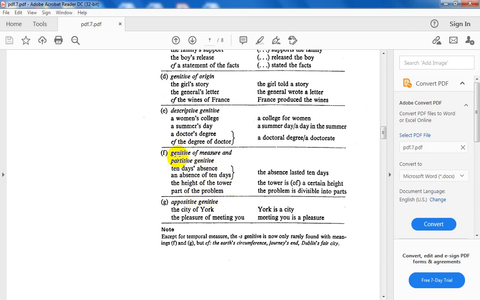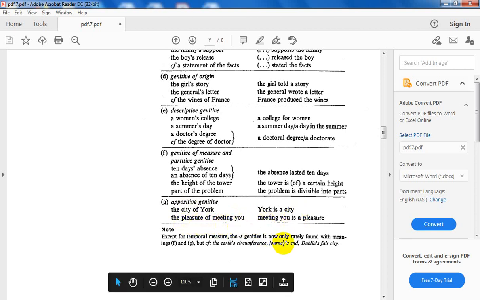By the way, the most ambiguity is between the genitive of measure and the appositive genitive. These always take the of genitive. The appositive genitive: the city of York, York is a city. The pleasure of meeting you: meeting you is a pleasure.